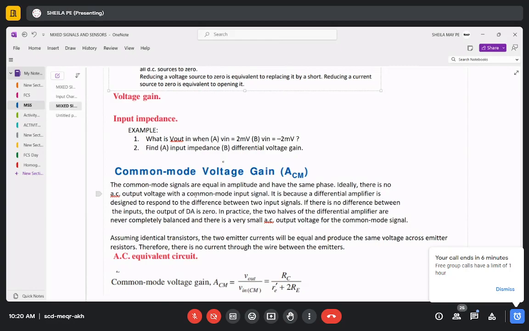The first one would be the one that I just gave, the V in divided by 2RE, okay, RC, or the formula ADM equals V out over V in. So, makuha na to si V in, ana.